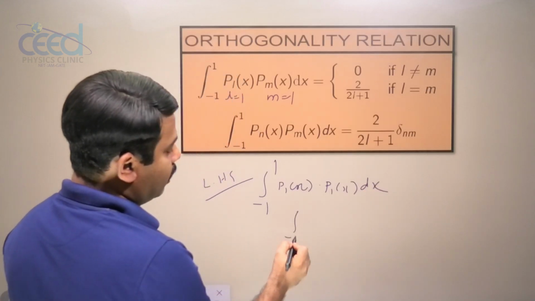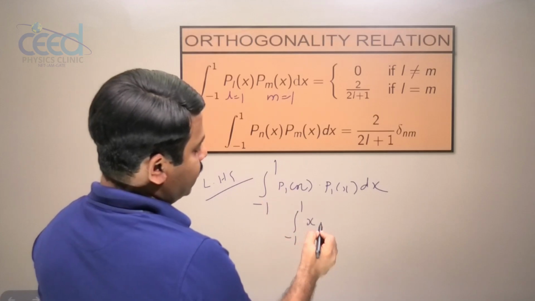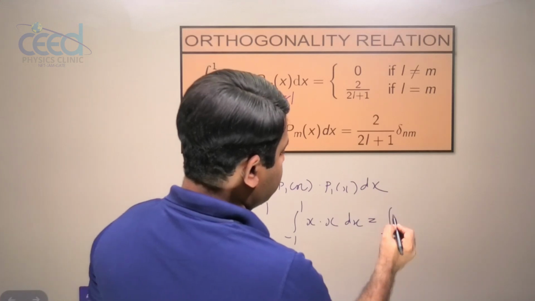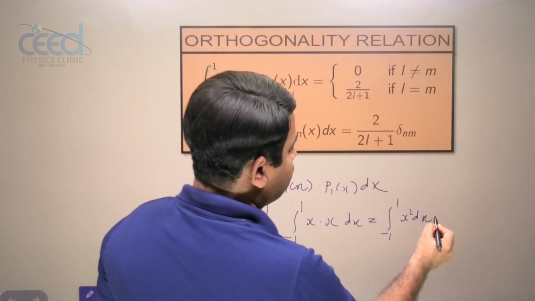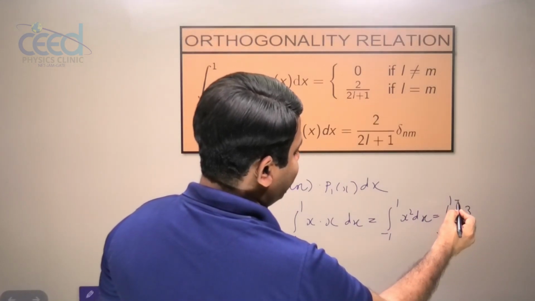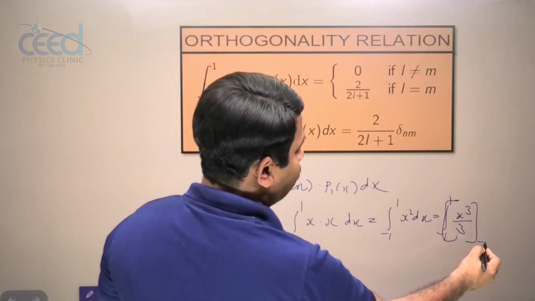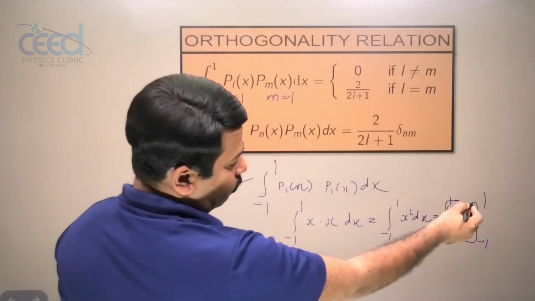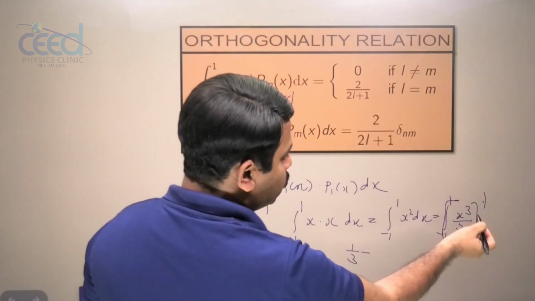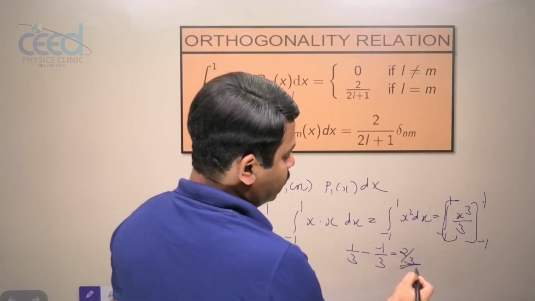P1 of x is equal to x, so that is the integral of x square dx. On integration, x cube by 3, with limits minus 1 to 1, that is 1 by 3 minus, minus 1 by 3, and that is 2 by 3.